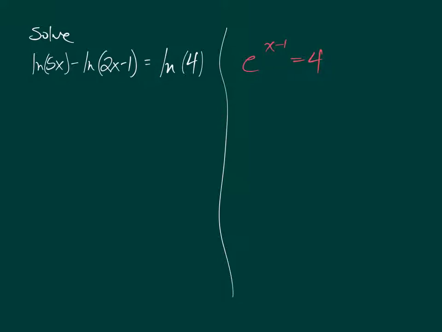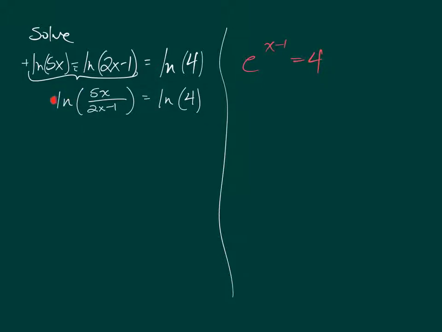Okay, well, let's see what happens. I just got done learning here that I can combine these natural logs into one. So natural log 5x has a positive log, so I'm going to put that in the top. 2x minus 1 has a negative log, so I'm going to put that in the bottom. And this equals the natural log of 4.